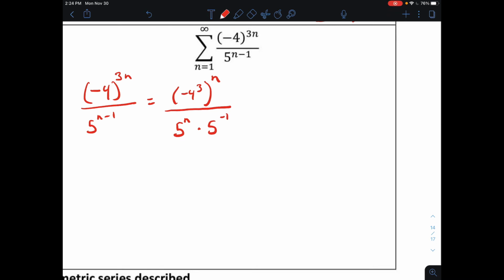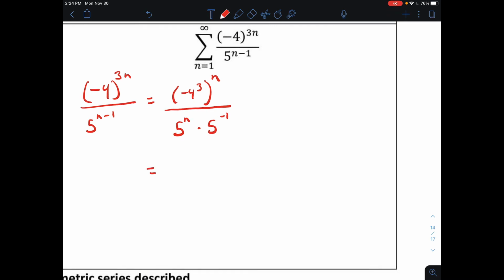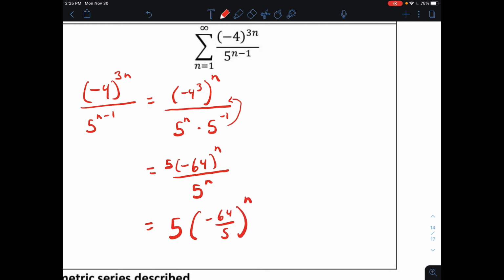If I take the negative 4 and raise it to the third power, we get negative 64 raised to the n over 5 to the n, and I could take this 5 to the negative 1 up top, so I have a 5 here. And so if I continue to rewrite this, I have it in the form of 5 times negative 64 over 5 raised to the n power.